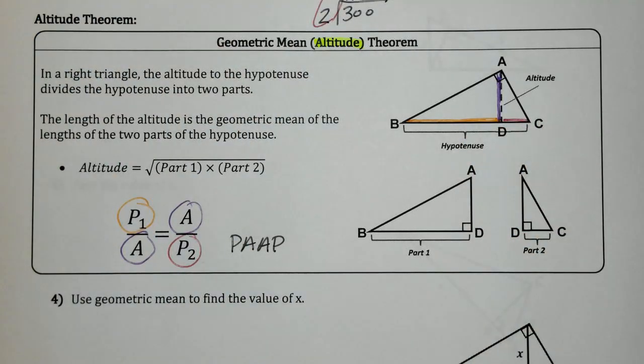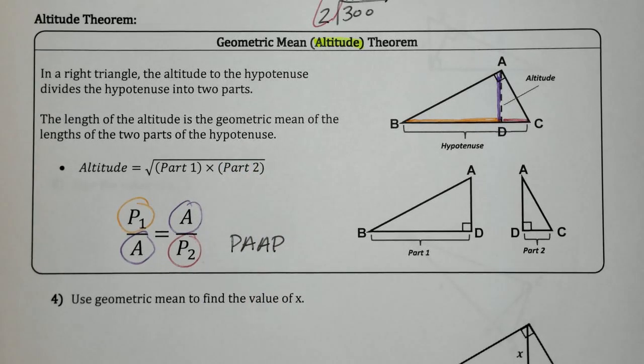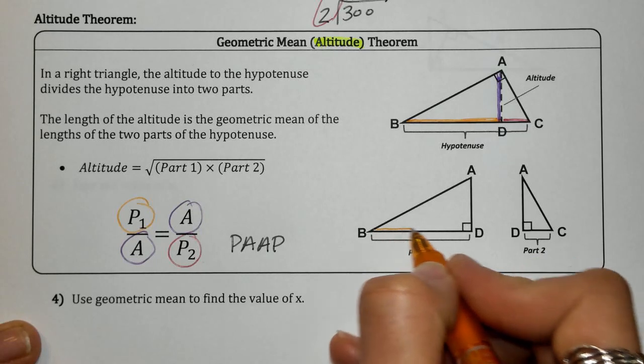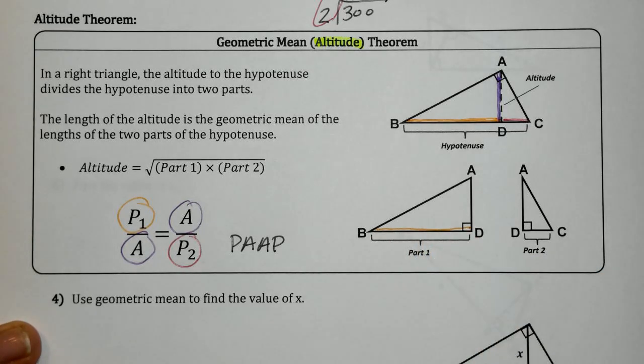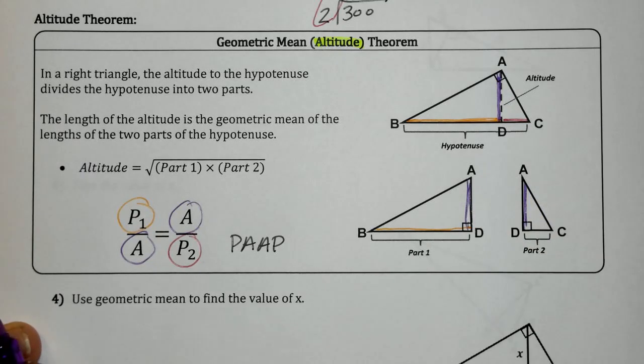The parts are part of the hypotenuse. And whenever we separate it out, we see part 1 times altitude, altitude times part 2.